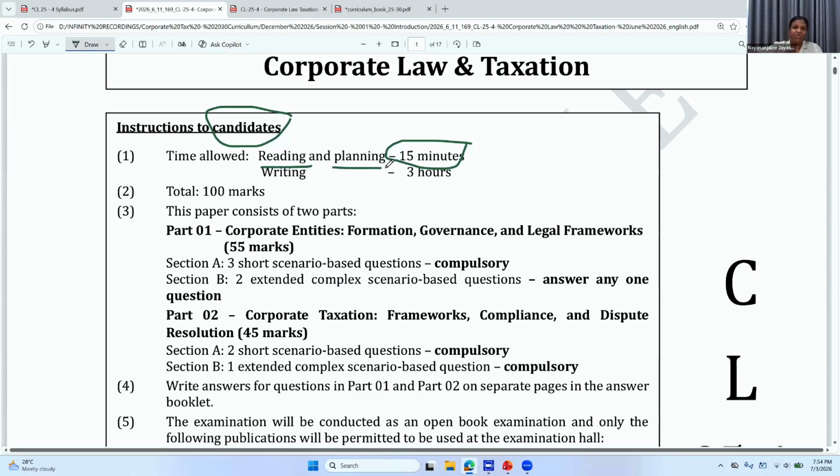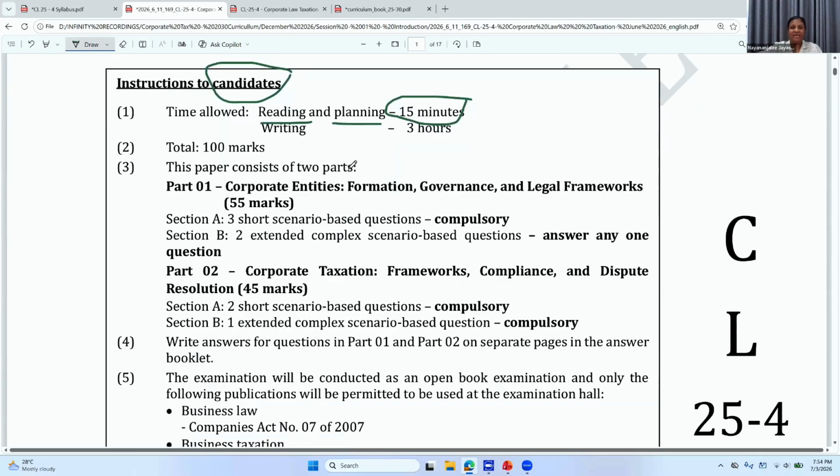Not just reading, not just planning. Why? You have two subjects here in one paper, so you can use this 15 minutes effectively. Total marks 100, you know that.